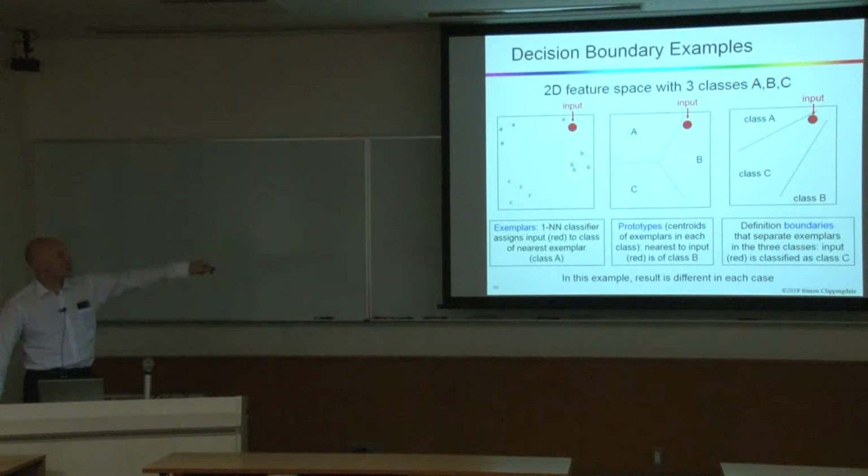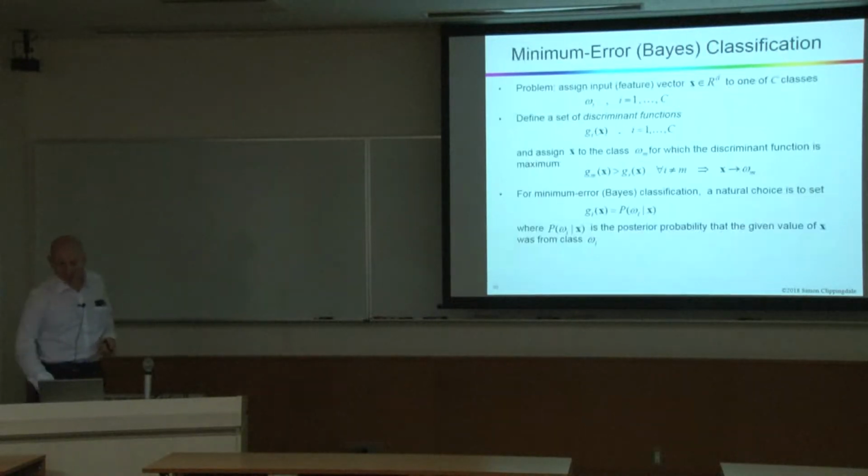So these 2 lines separate these patterns correctly, but in this case, it's going to classify this input as C. So here we've classified it as A, here we've classified it as B, here we've classified it as C, same input. So clearly the choice of decision boundary potentially makes a lot of difference.